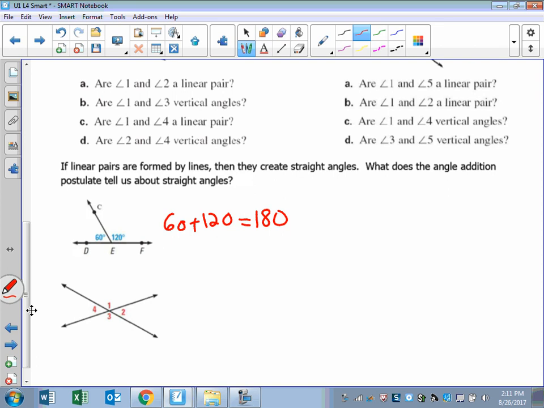For this bottom diagram, all adjacent straight line angles, so all linear pairs, equal 180. And all vertical angles are congruent.